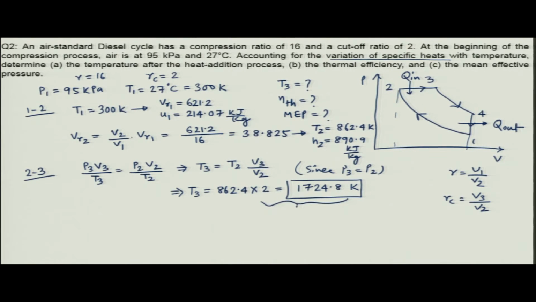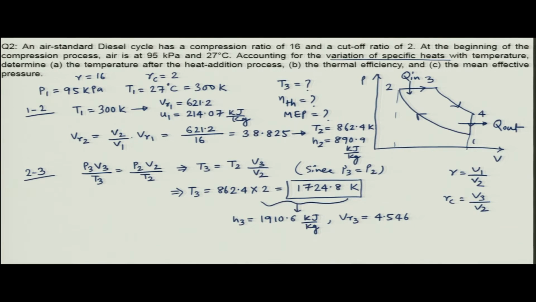Corresponding to this T3, H3 is, again from the table, 1910.6 kilojoule per kg, and VR3 is 4.546. So, these are the numbers.